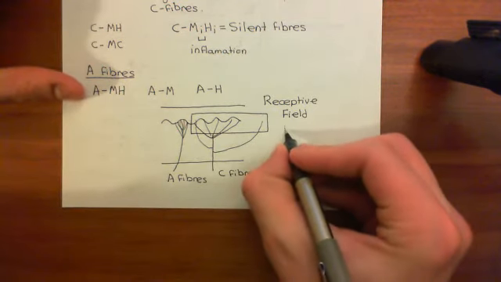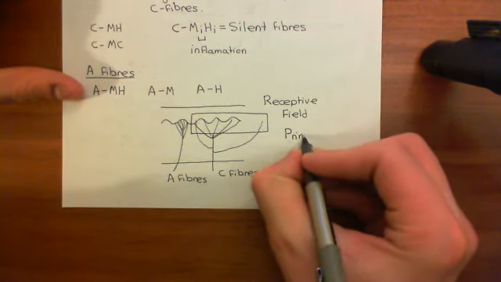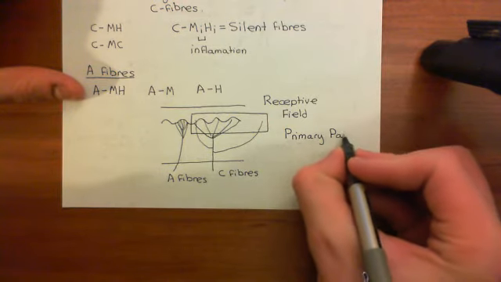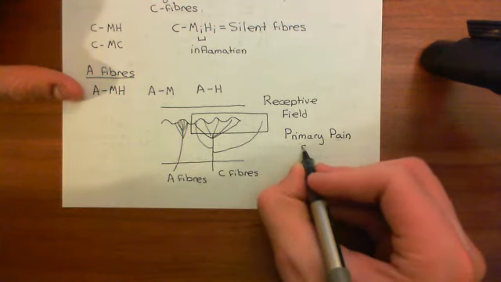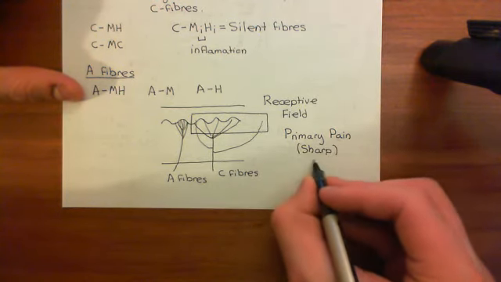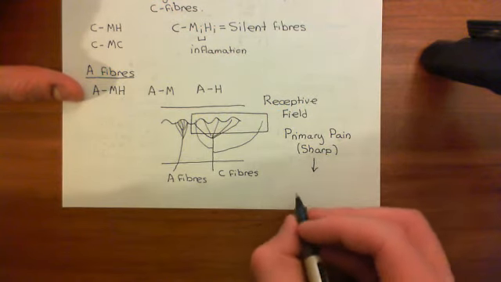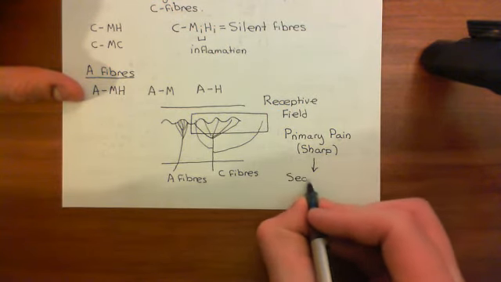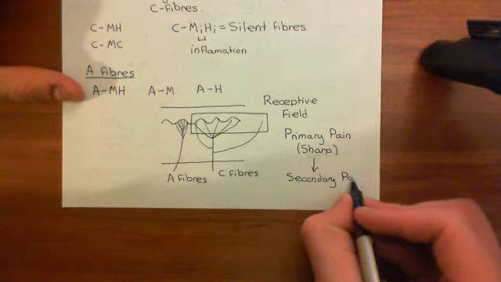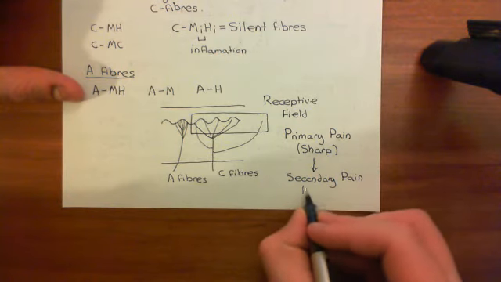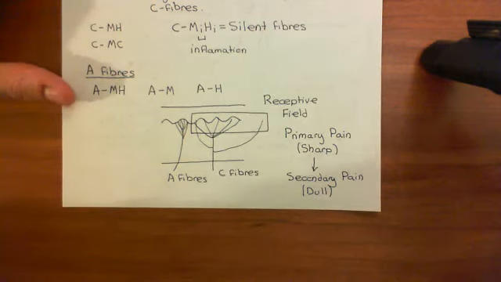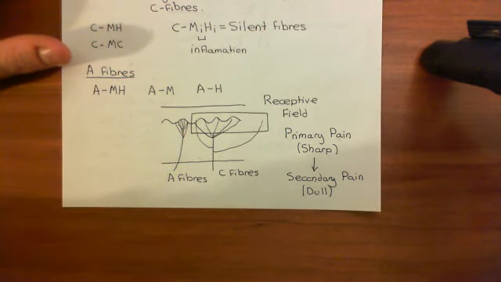So when you've just done the damage, then you get a first form of pain called primary pain, which is generally very sharp and intense. But that doesn't generally last long. Soon it's replaced by a different form of pain known as secondary pain. And secondary pain isn't very sharp, it's very dull, and it sort of aches. It's the dull, aching pain that continues on for much longer, basically.